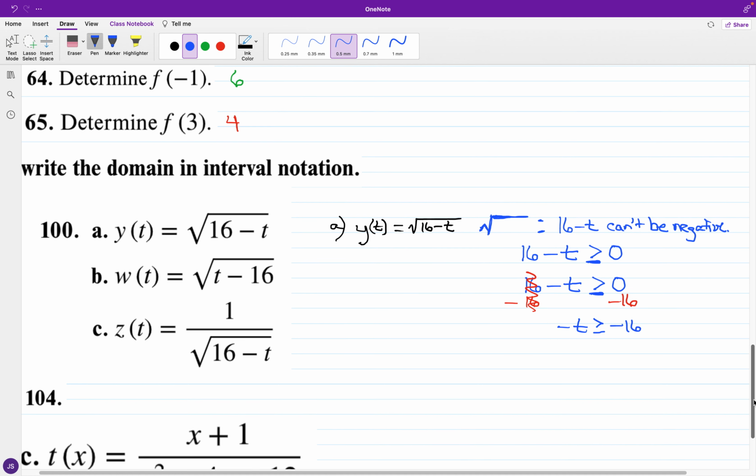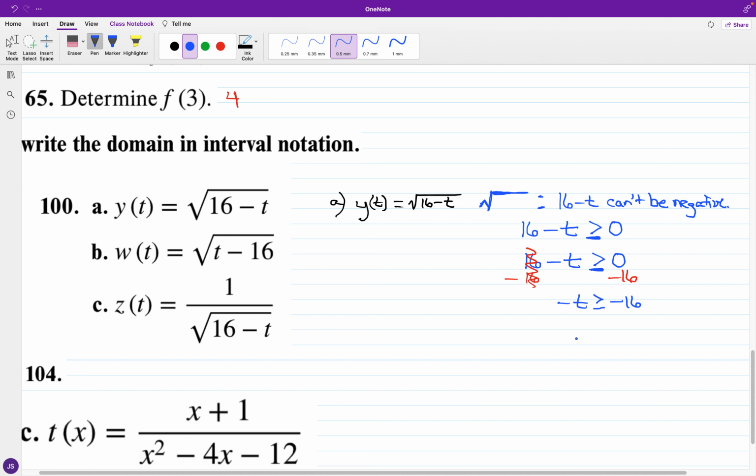I'm looking at expressing the inequality in terms of not negative t, but positive t. Just a reminder: to go from negative t to positive t, I can multiply or divide by negative 1, and the thing to remember is that if you multiply or divide by a negative, the direction of the inequality will change.